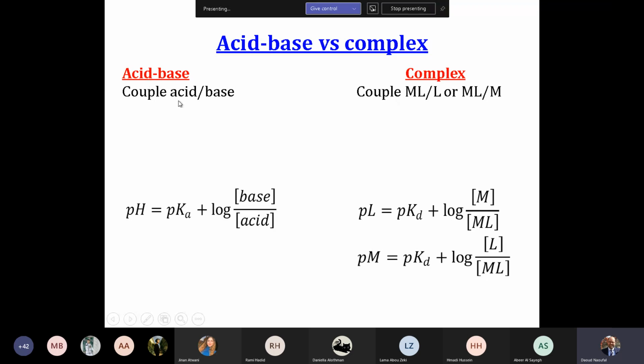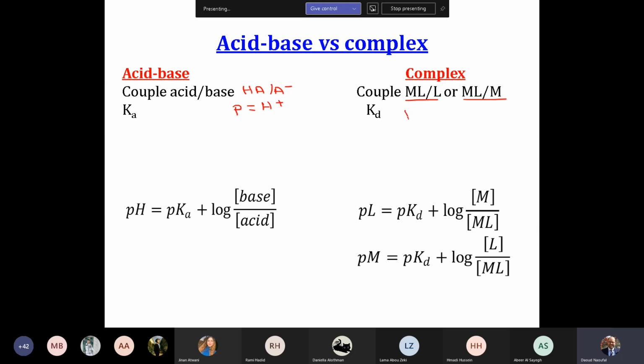In the acid-base, we talk about HA and A minus. In the complex, we talk about ML and L, or ML and M. The particle exchanged in the acid-base is H plus.